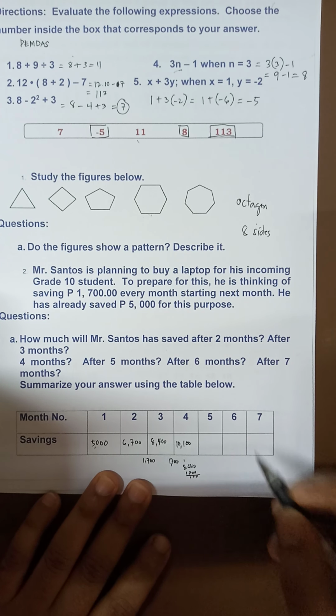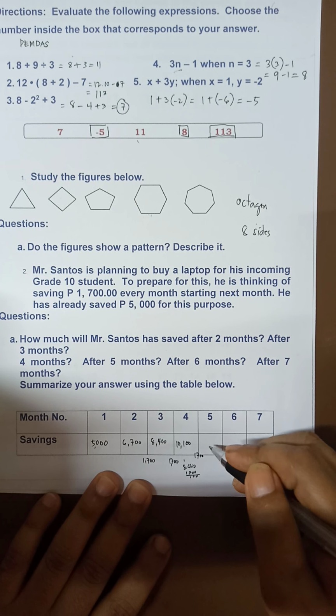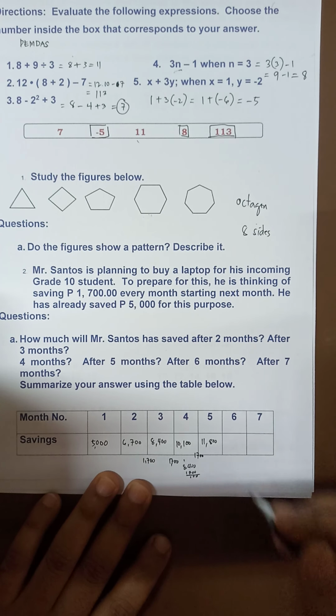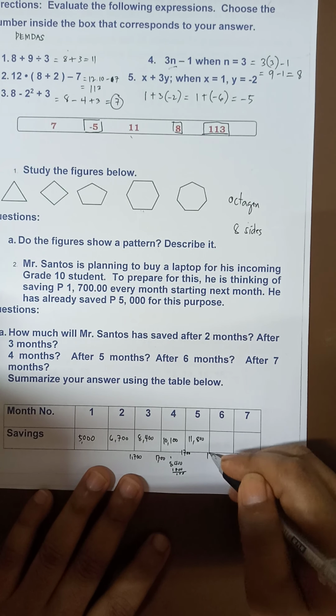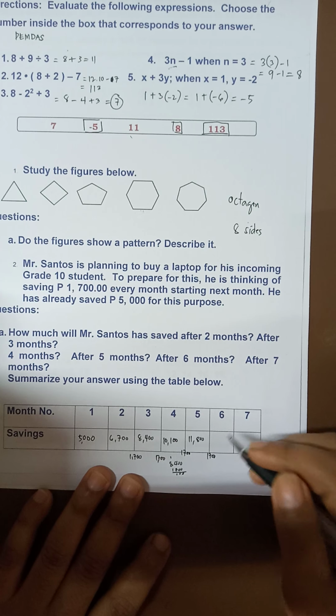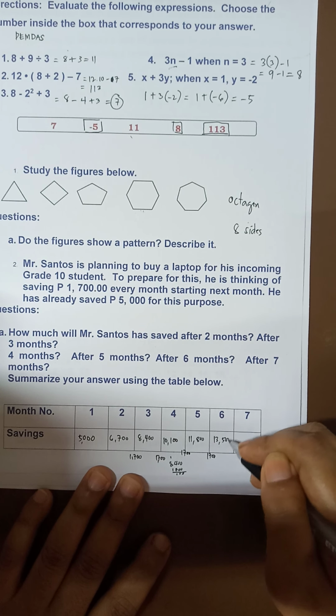For the fifth month, another 1,700. He will have savings of 11,800. The sixth month, another 1,700 pesos again, so his savings will become 13,500.